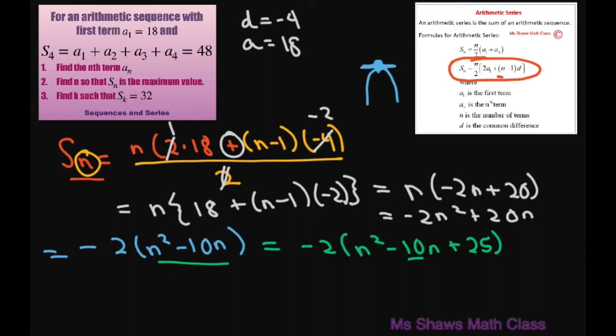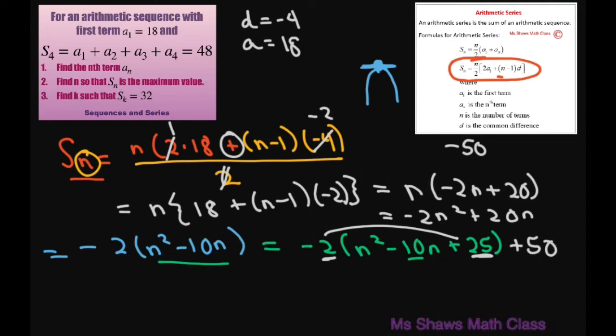Whatever we add on this side of the equation, we have to add on the other. It's going to be negative 2 times 25, so since we're adding this here, this is subtraction of negative 50, so we have to add 50.